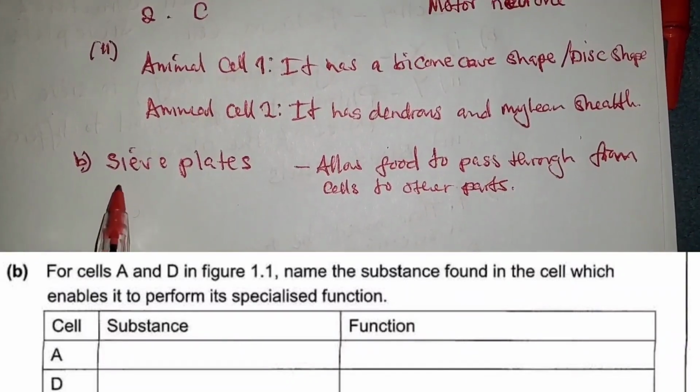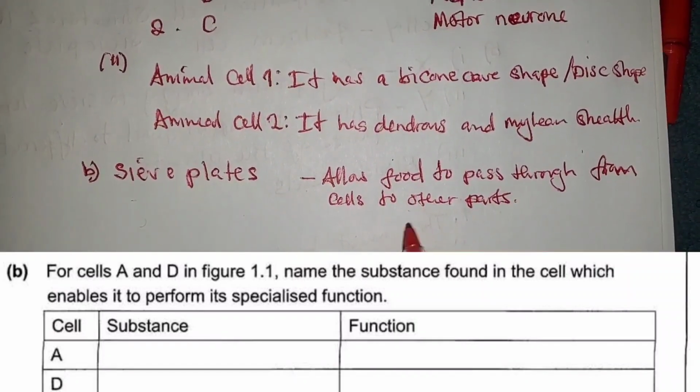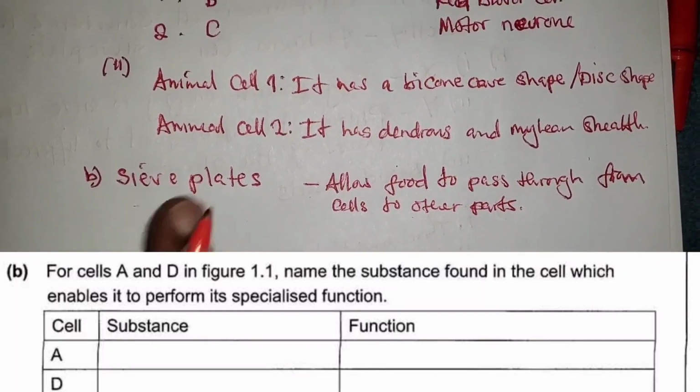You can also say another one is a companion cell. Its function is to supply energy to the sieve plates.